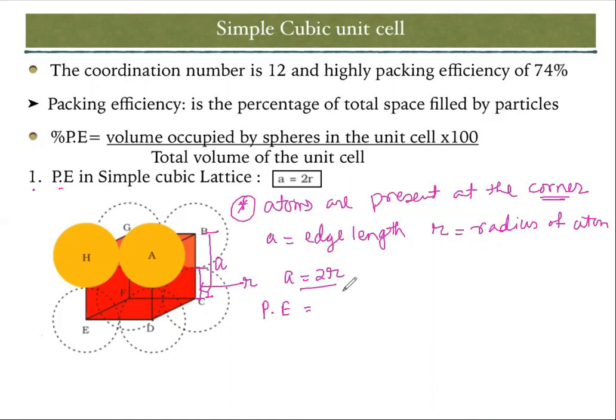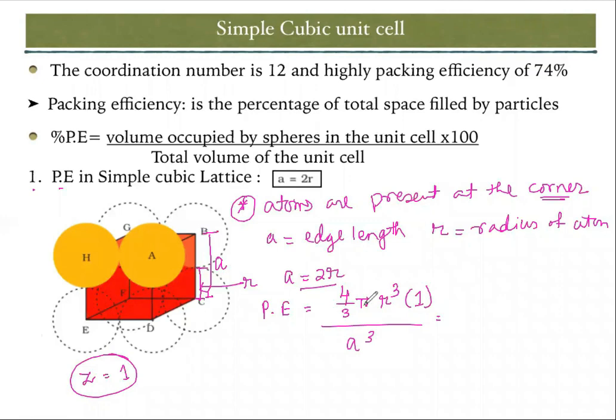As we already know, it is 4/3 pi r cube. The total number of spheres, or Z, is 1, as we discussed in the previous slides. So into 1, divided by the total volume of this cube, which is A cube.